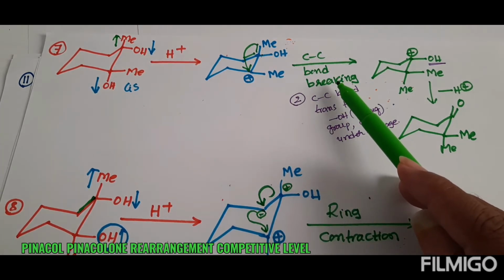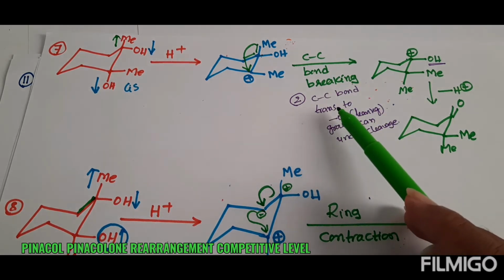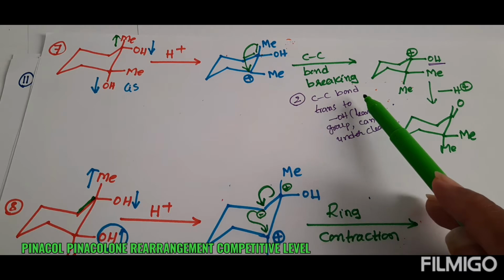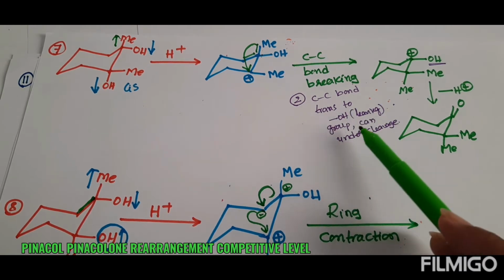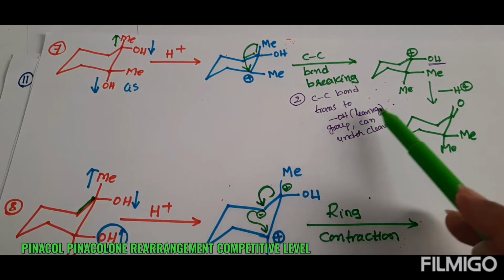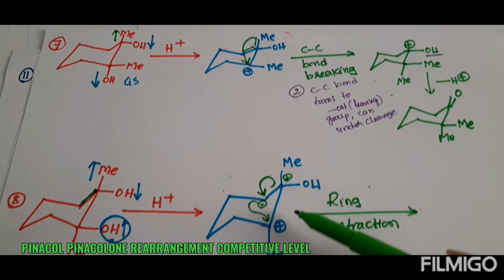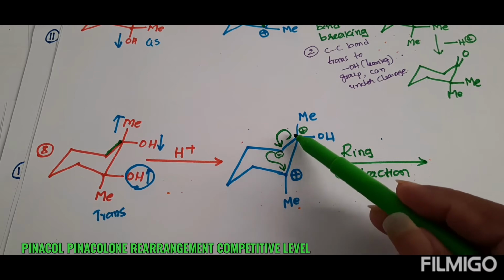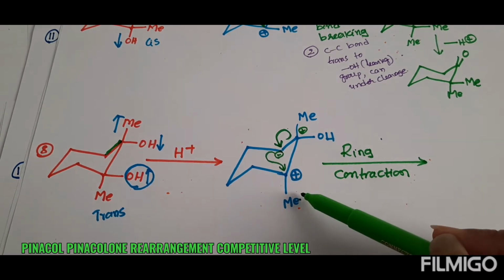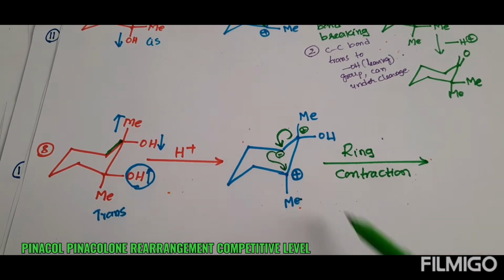If more than one type of C-C bond breaking is possible, then the second condition is that the C-C bond trans to the OH group, that means trans to the leaving group, can undergo cleavage. Based on that assumption, this is the scenario. As a result, a 5-membered ring will form.